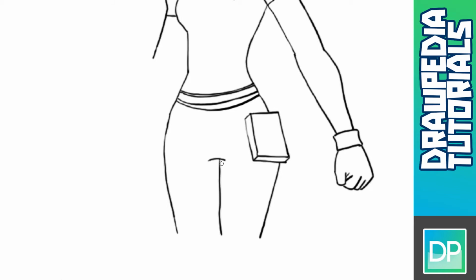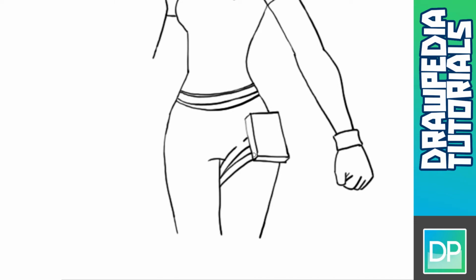So from the inner line here, I'm gonna draw a strap to this rectangular shape right there, and I'm gonna break it halfway through, and then continue that right there, and another line below that, and another line below that, and one last line.